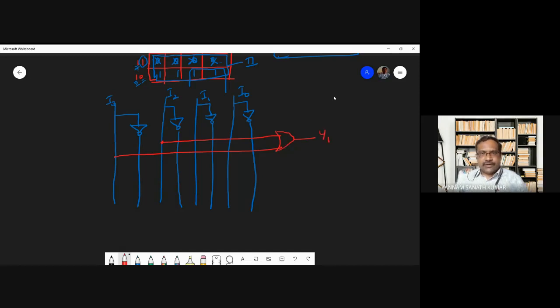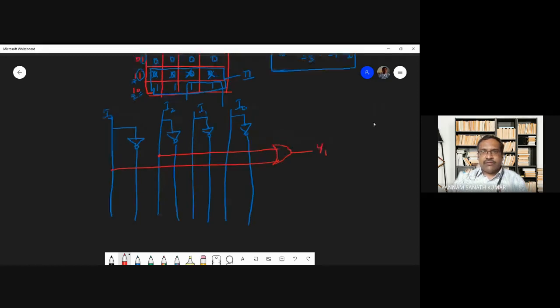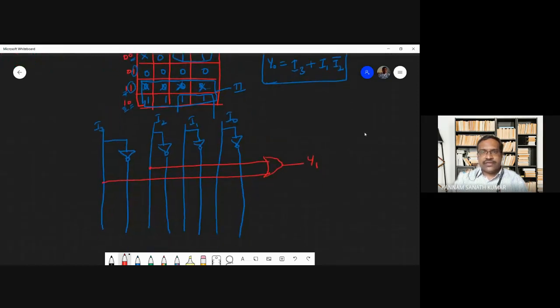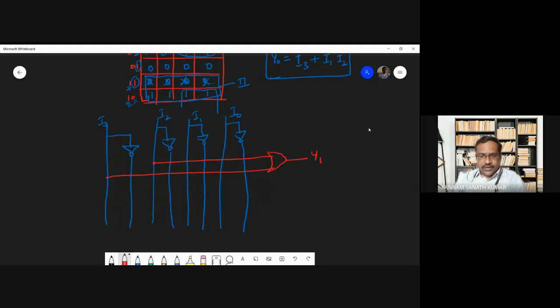And next, what is Y0? Y0 equal to first I3, okay, and I1 I2 bar. I1 I2 bar connected with the AND gate. Okay. And I3 is one more input. So these are connected to an OR gate.